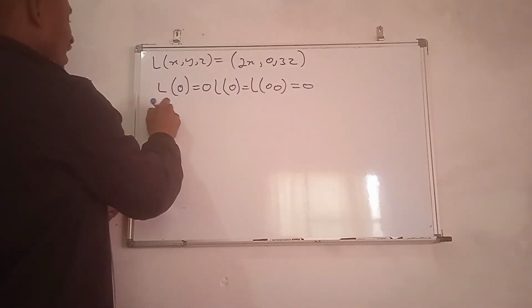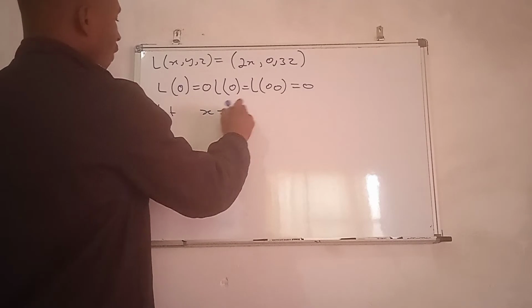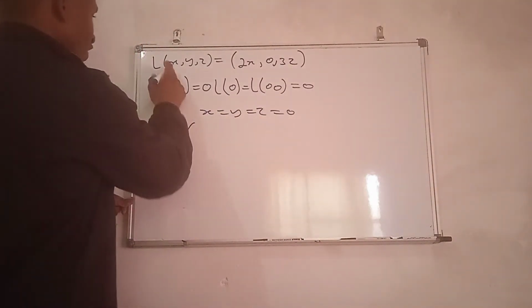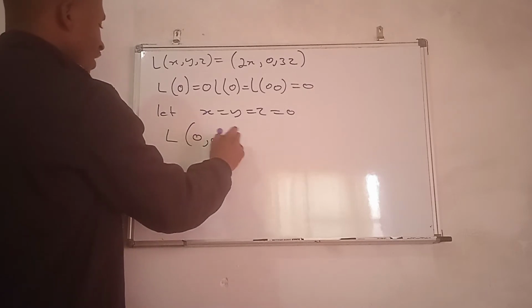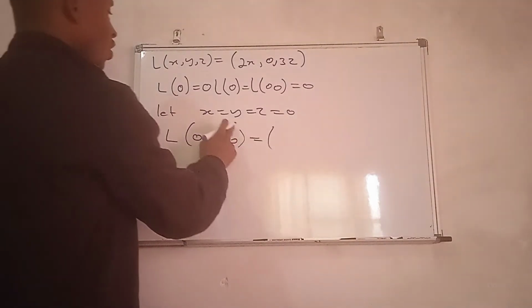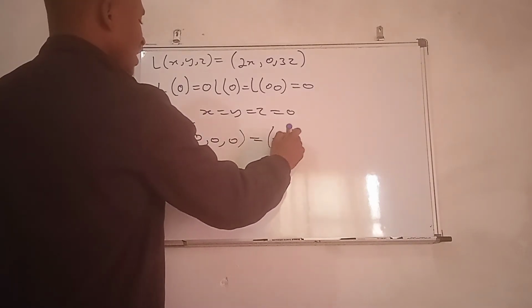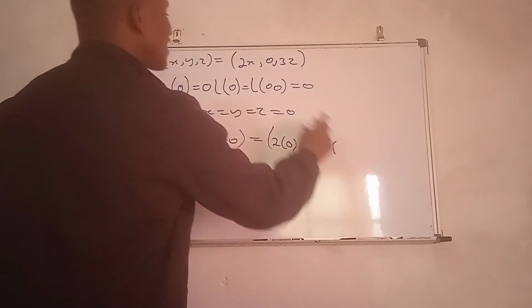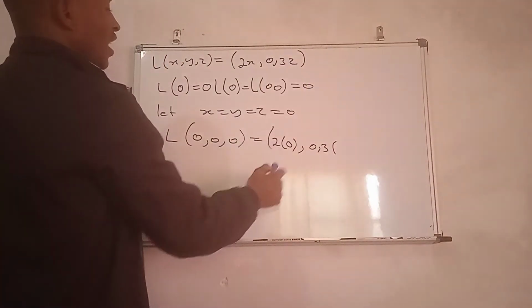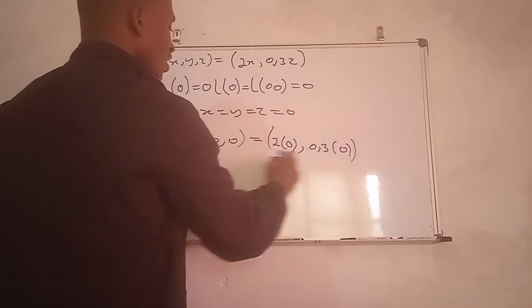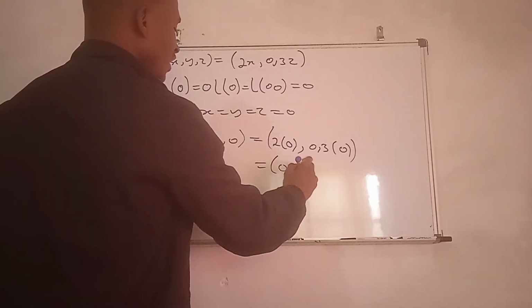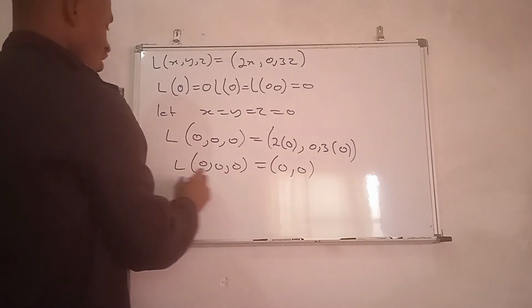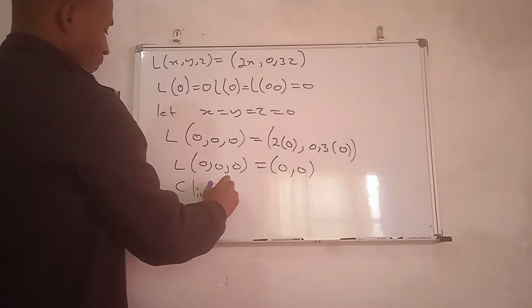So if we let x equals y equals z, which equals 0, we can see that this is 0 and here is 0 and here is 0. So I can substitute where I see x, I can put 0, and on this 3, where I see z, I can put 0. So it is the same as (0, 0, 0). So this is a linear map.